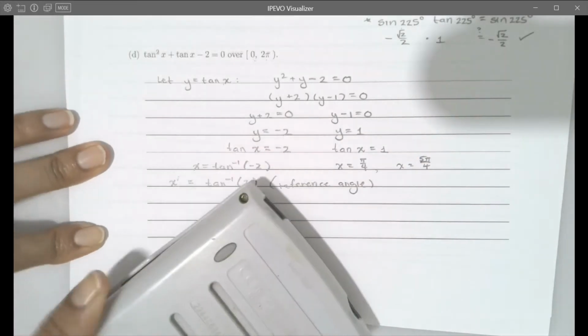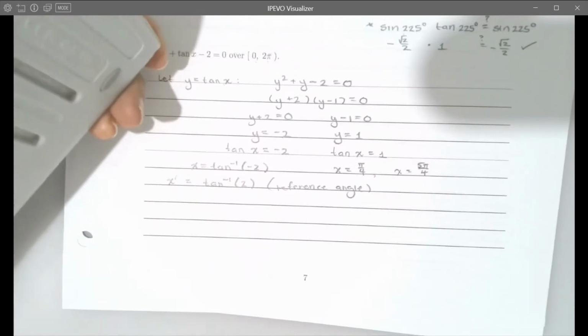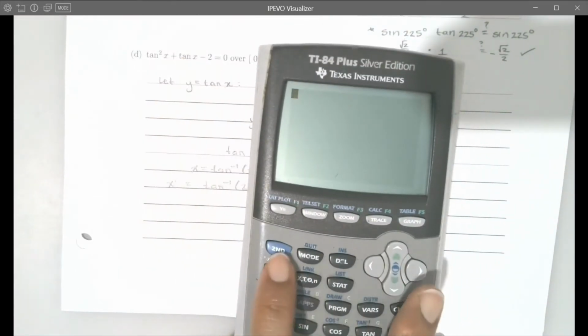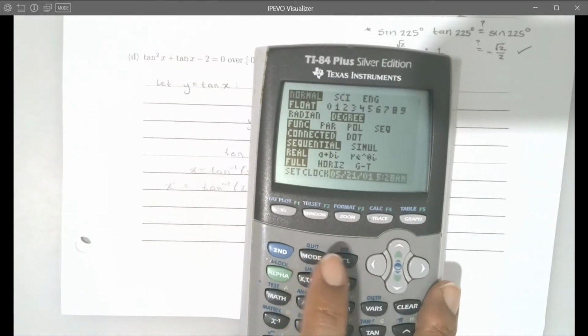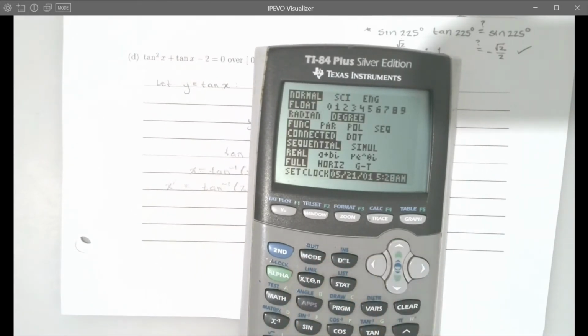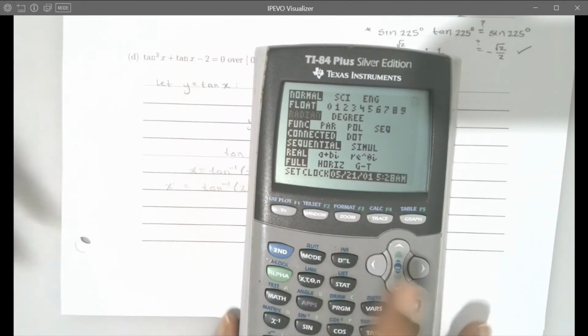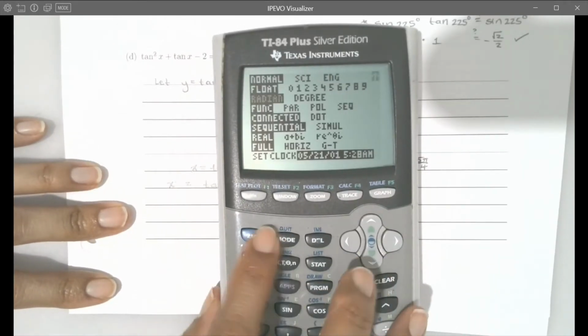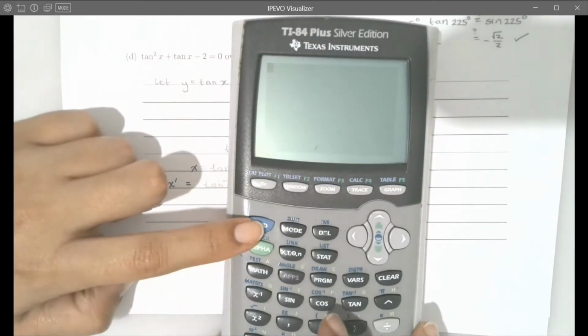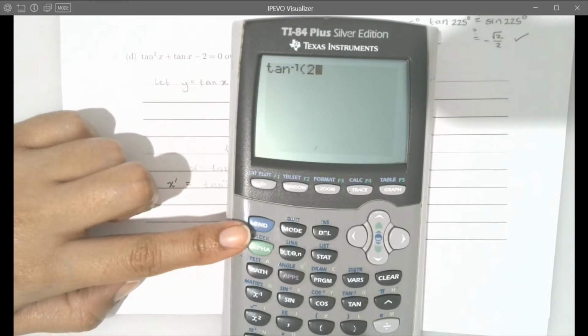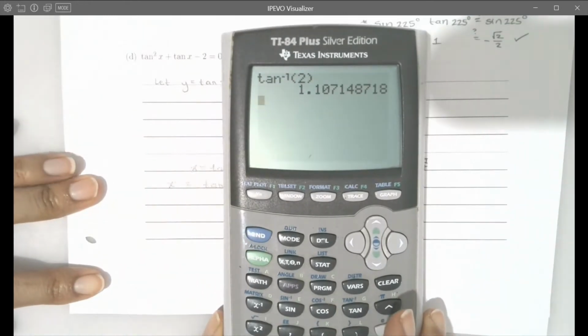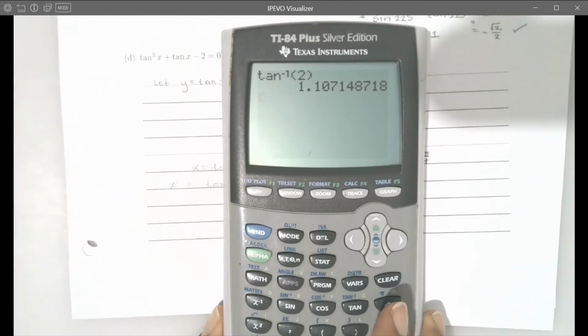Now if we go ahead and punch that in, we first just want to make sure that we're working in radian mode. So I'm going to take a look at mode and change that to radian before continuing. And now we can take tan inverse of 2, which gives us a reference angle of approximately 1.1071.